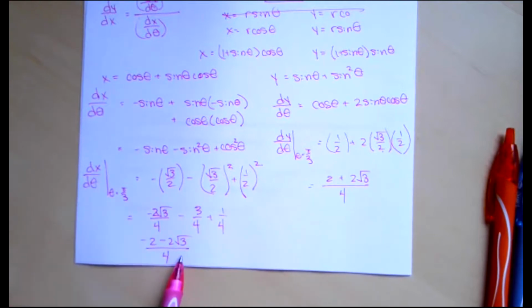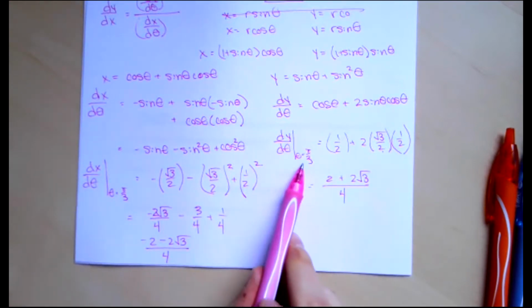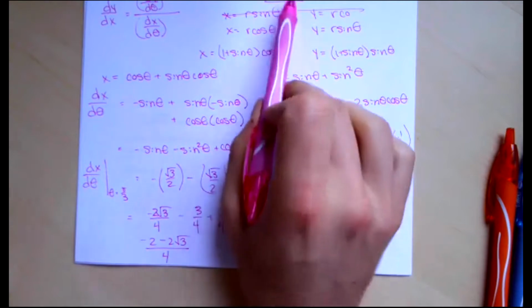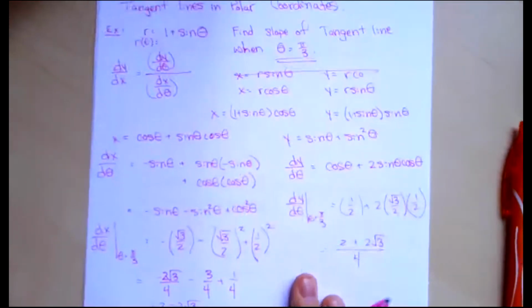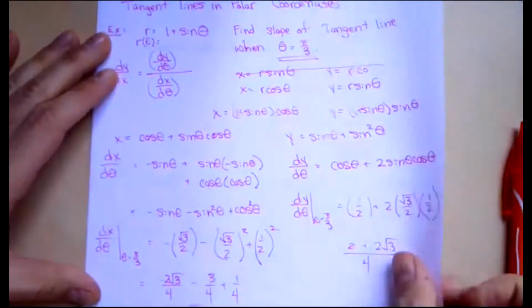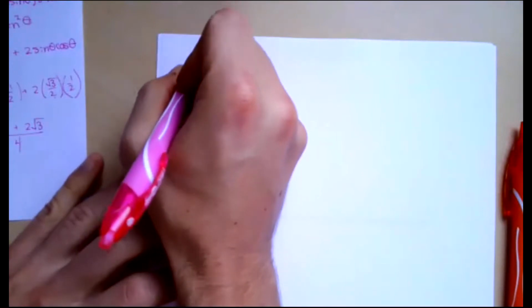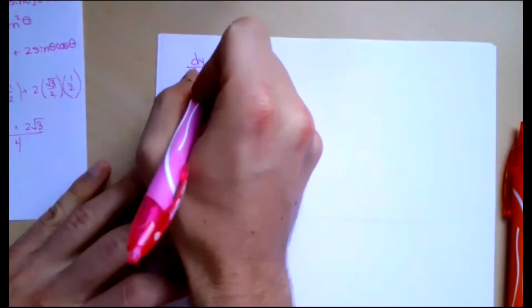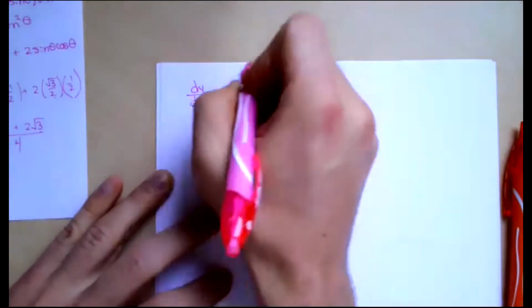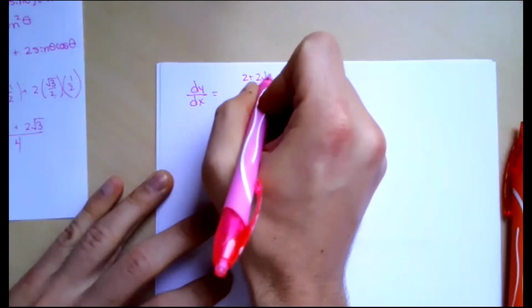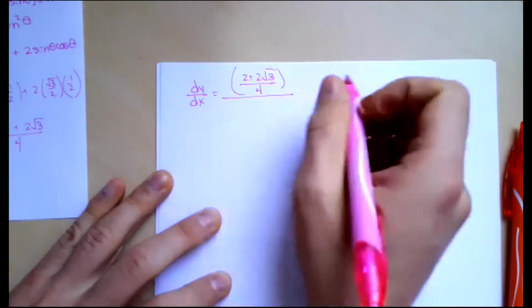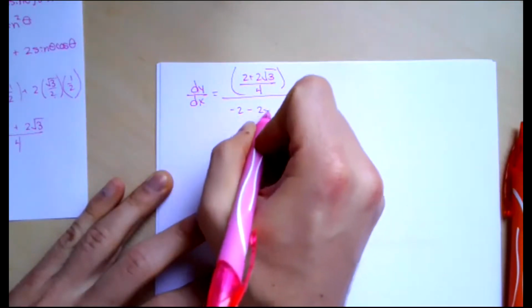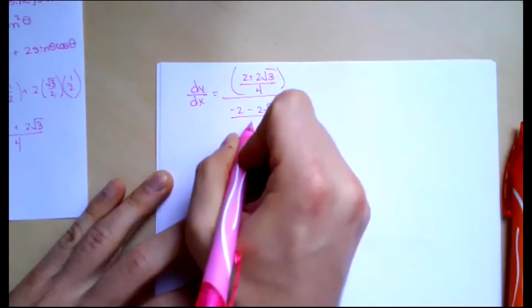So I've got my dx/dθ, my dy/dθ, evaluated at the point we care about, pi over 3. And then we just take the ratio. So my dy/dx is going to be equal to 2 plus 2 square root of 3 over 4 divided by minus 2 square root of 3 over 4.